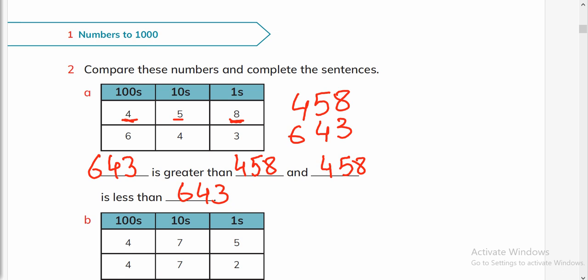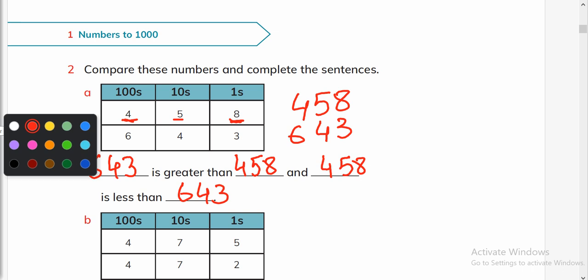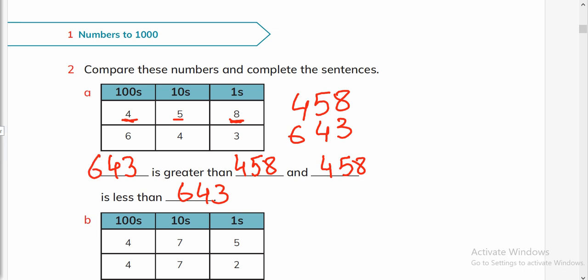Got it? There are two sentences and they separated the sentences with the word "and". 643 is greater than 458 and 458 is less than 643.